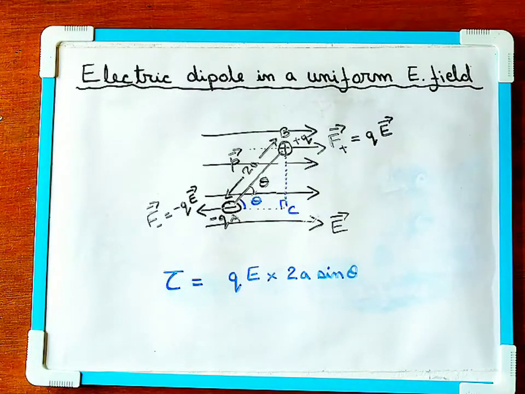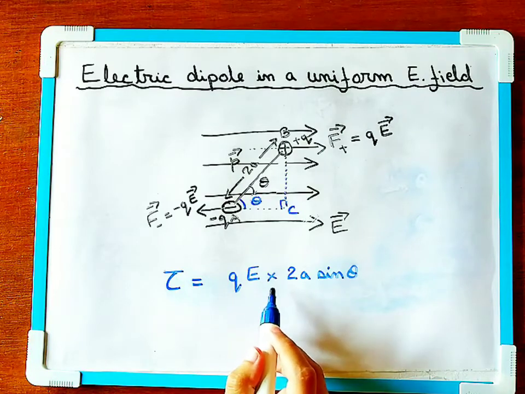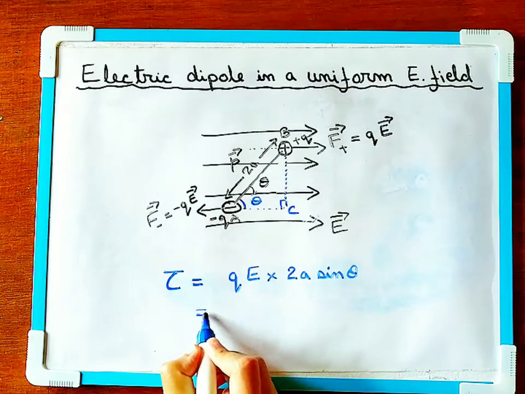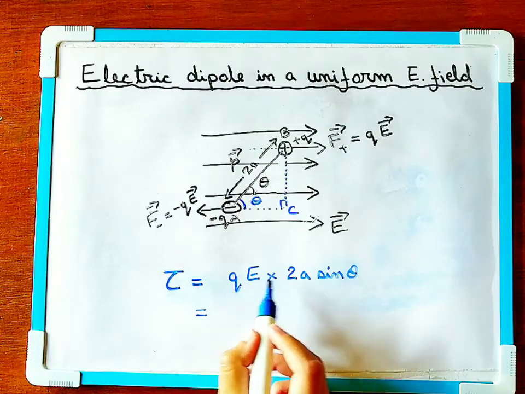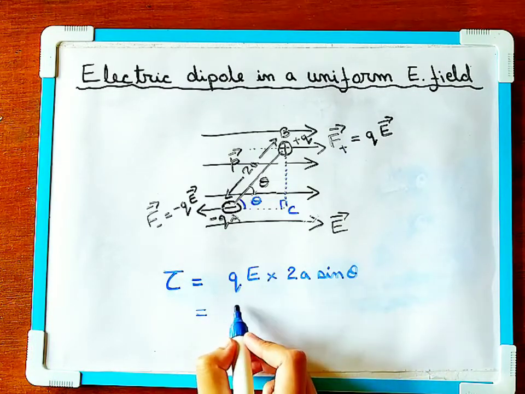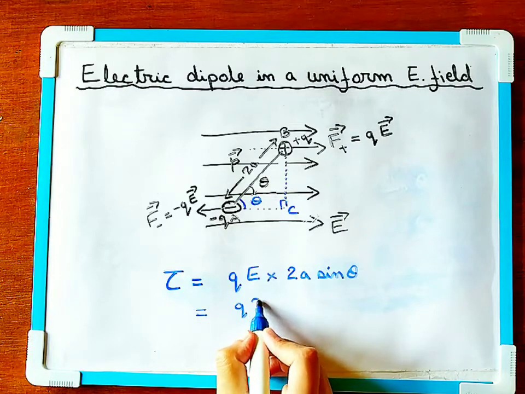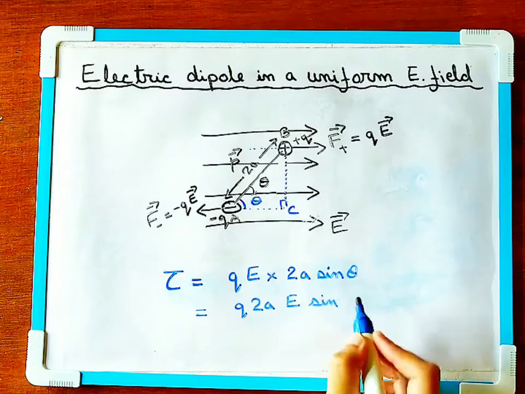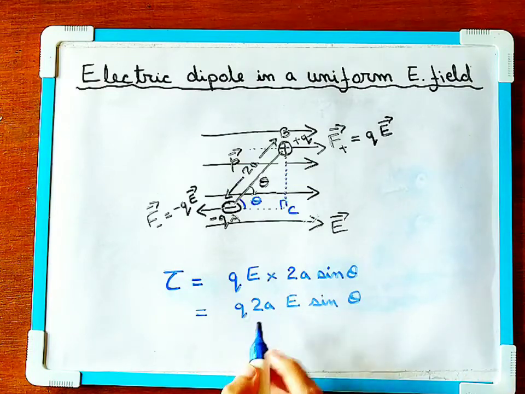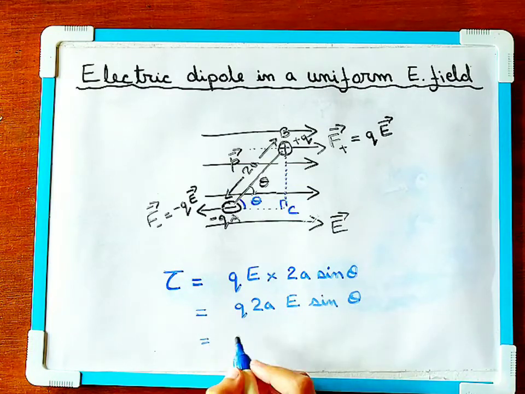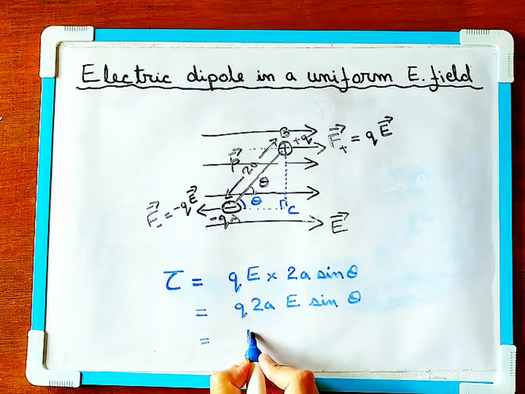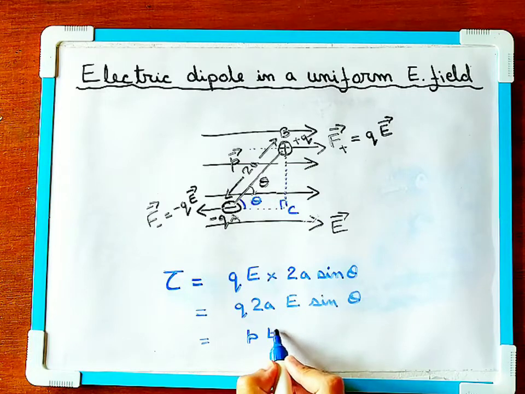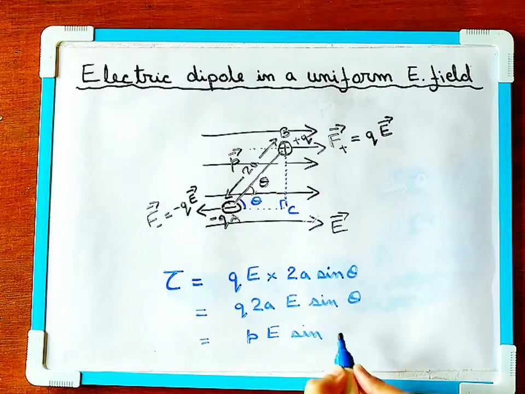So that is the torque experienced by the electric dipole: QE into 2A sine theta. Now this will be equal to, if I bring this 2A this side, Q 2A E sine theta. Now Q into 2A is your dipole moment P. So instead of Q 2A, I'll write P, and I have E sine theta.